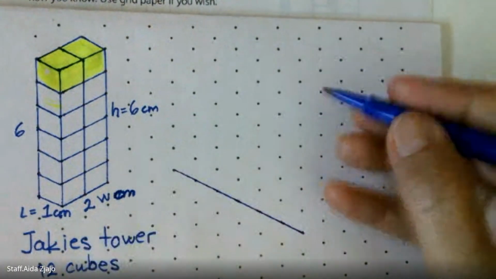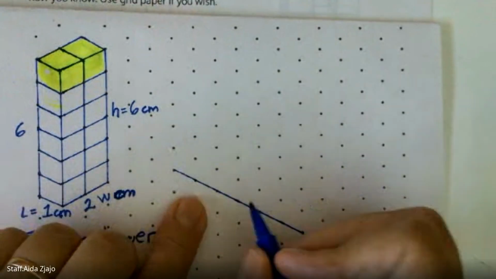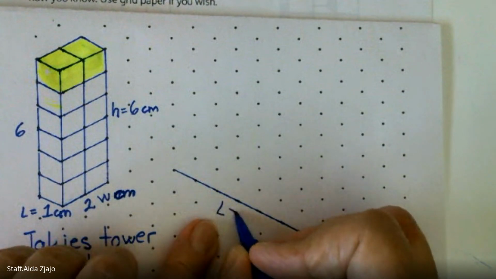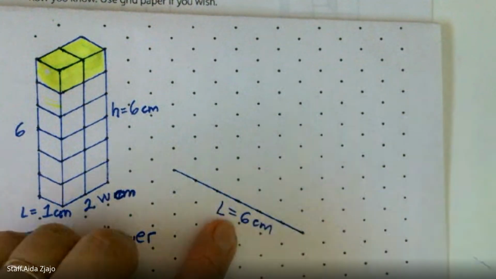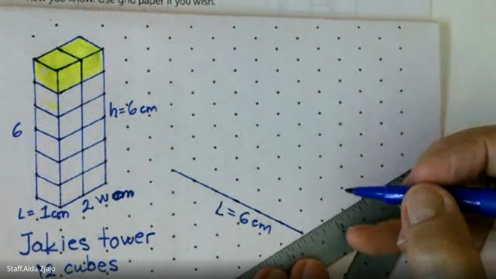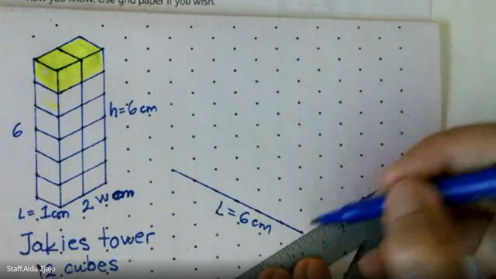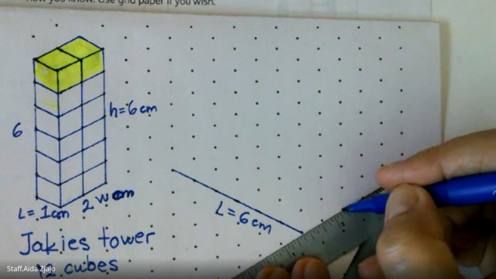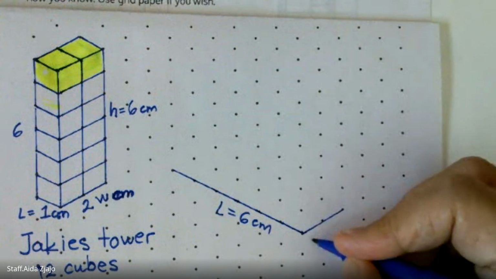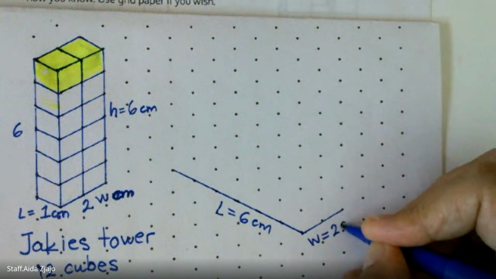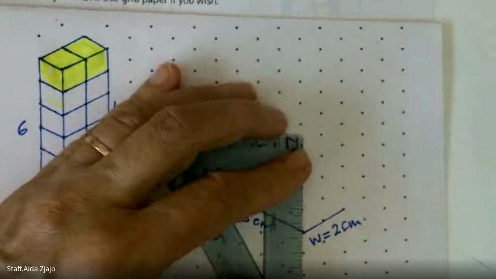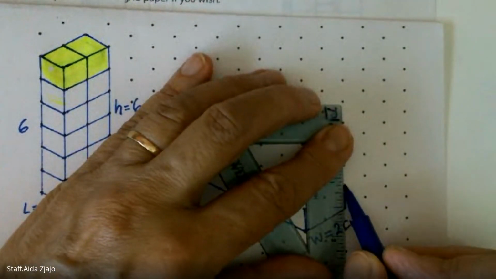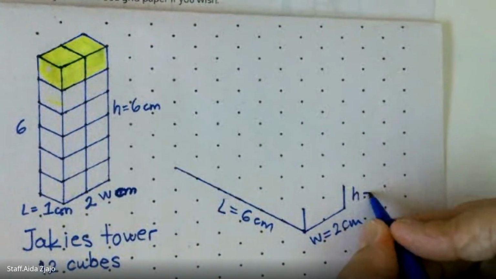If that is 6, 6 is the L, or long, 6 centimeters, and the width is 2 cubes. So here's width equals 2 centimeters. So the height has to be 1 then. So the height is going to be only 1 centimeter.